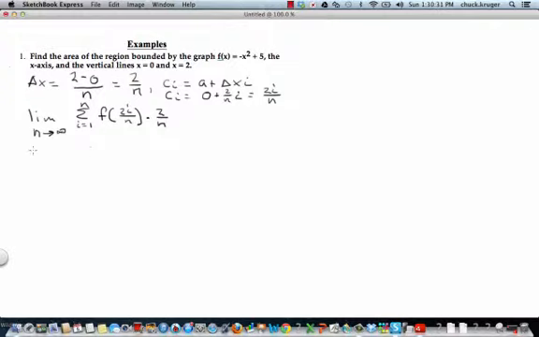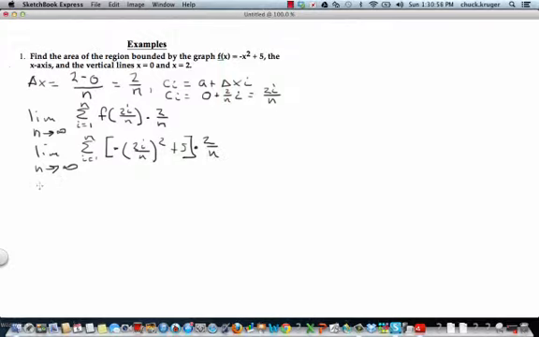So if I continue on this, I have the limit as n approaches infinity of the summation of i equals 1 to n, and I've got a bracket here for my function, and it's going to be negative 2i over n, squared, plus 5, times my width, which is 2 over n.